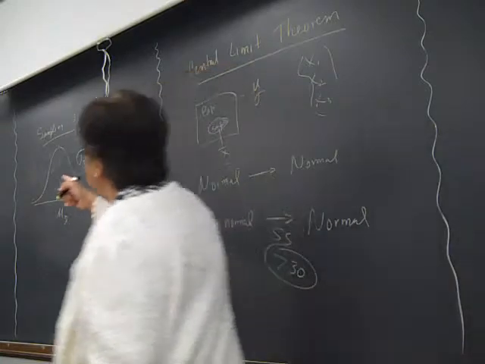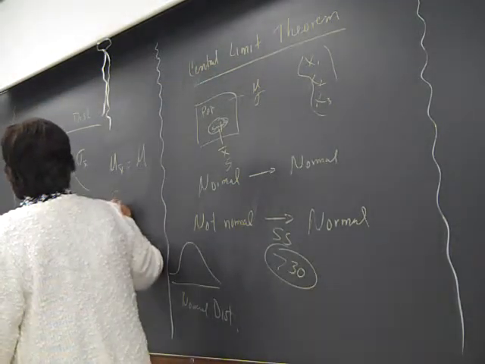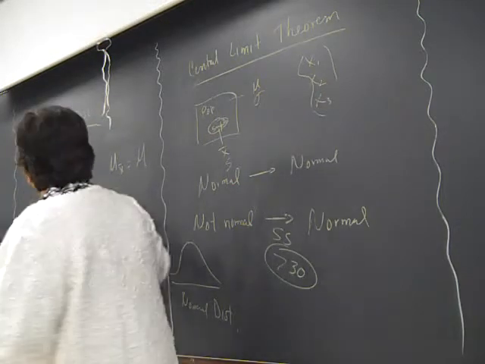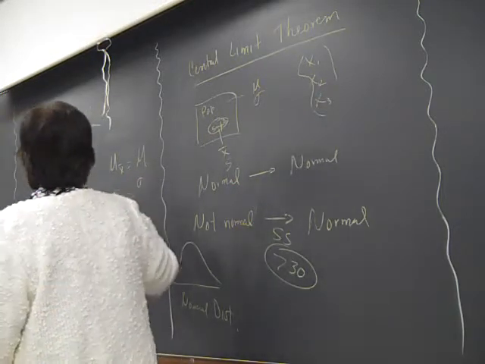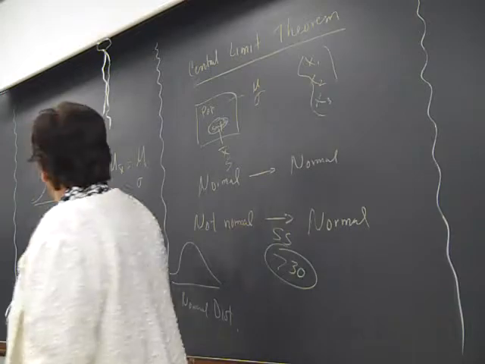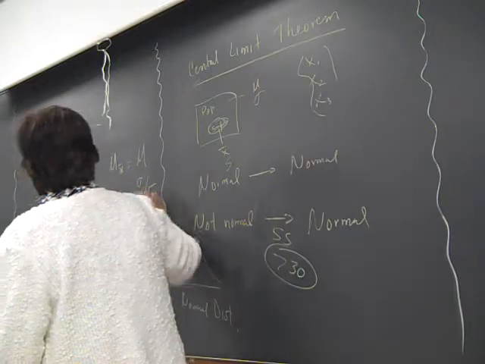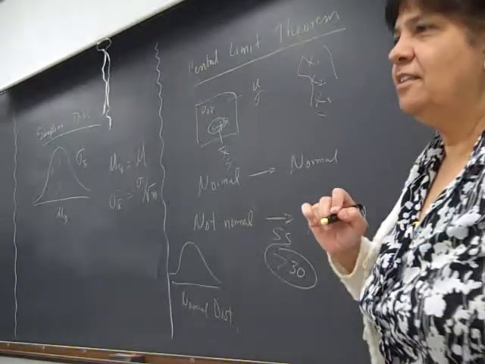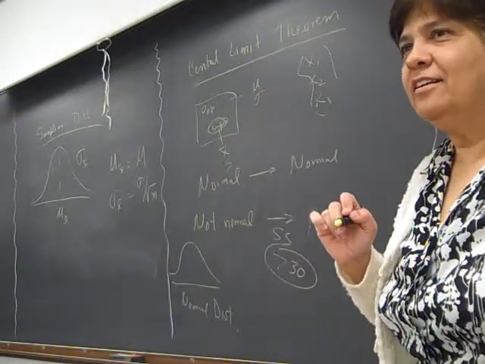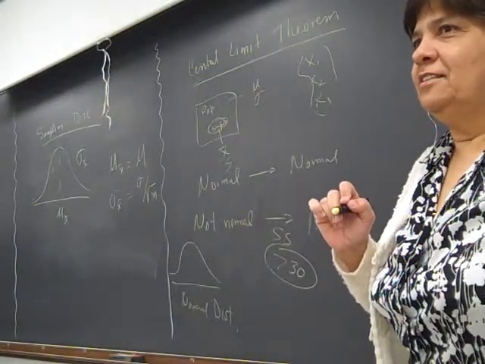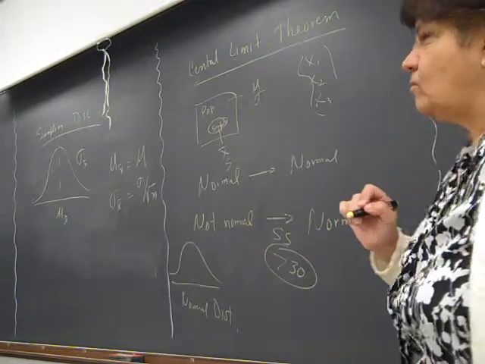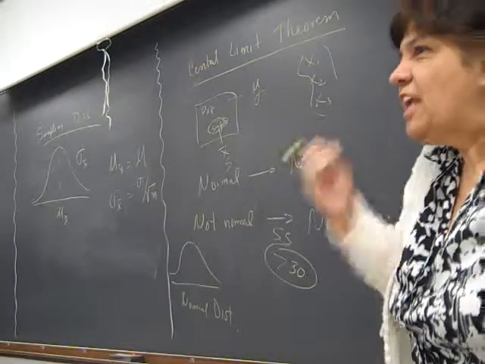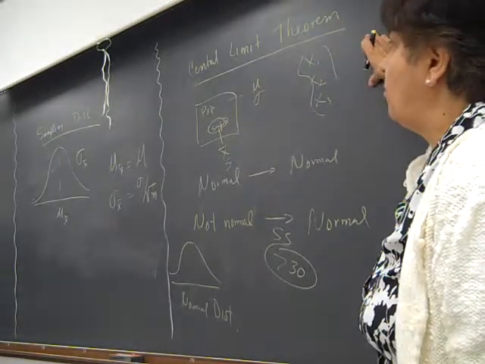And what is going to be then the standard deviation of the sampling distribution of x bar? It is going to be the standard deviation of the population divided by the square root of n, where n is my sample size. Please try to understand this. I mean, we have a population.